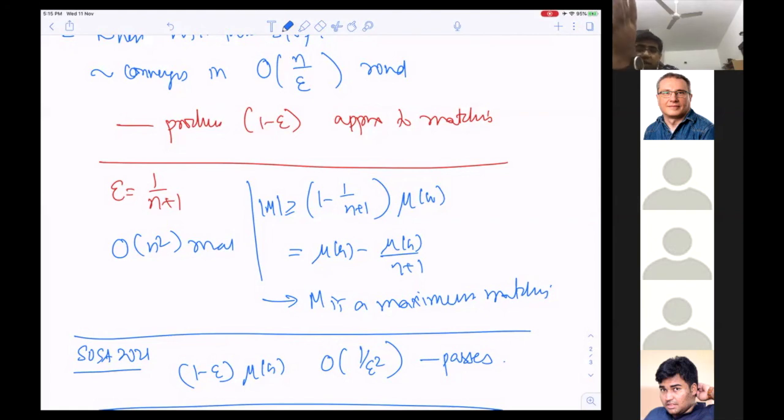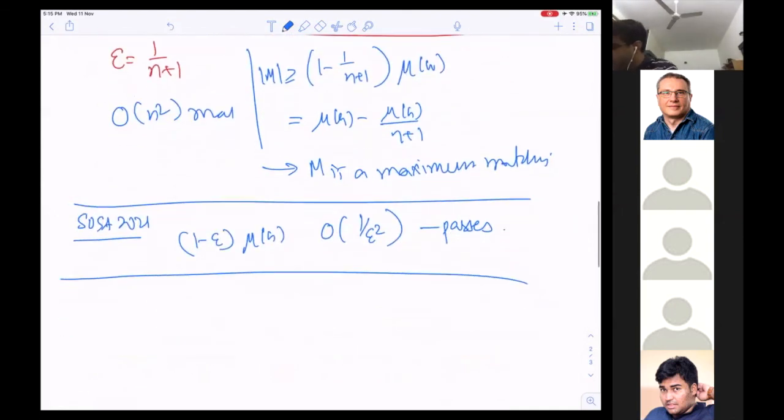The theorem tells us that if you do order n over epsilon rounds of reading, then you will get 1 minus epsilon times mu g.